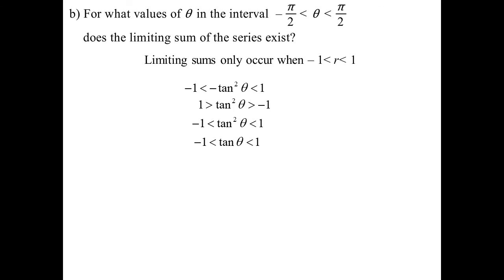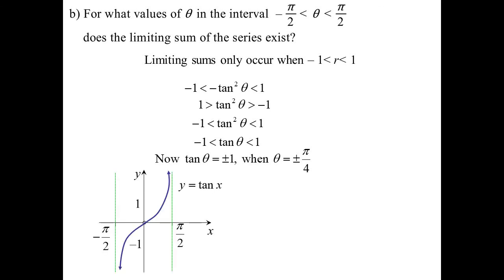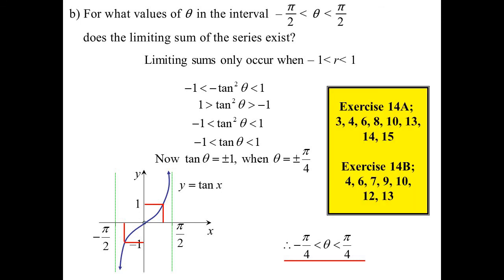That means tan is also in between -1 and 1. We know that the tan of pi on 4 is 1. It's probably easier, I think, to use a graph to show this, where it's equal to 1, so pi on 4 on the x-axis. We want to know when is that tan graph in between -1 and 1. Well, it must be when the x values are in between minus pi on 4 and pi on 4. So some applications there.